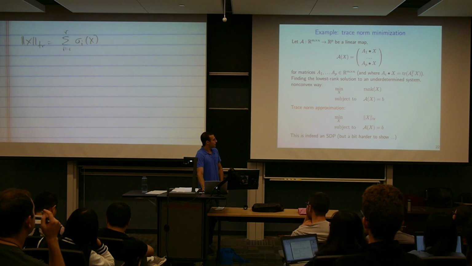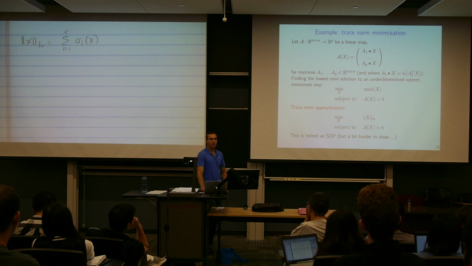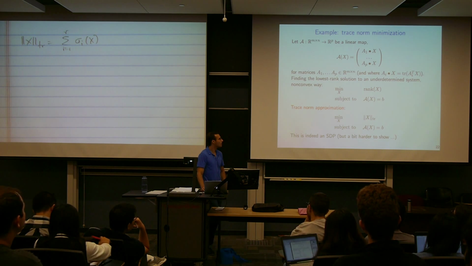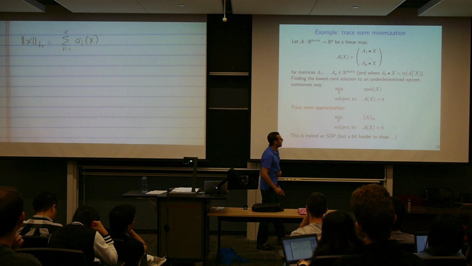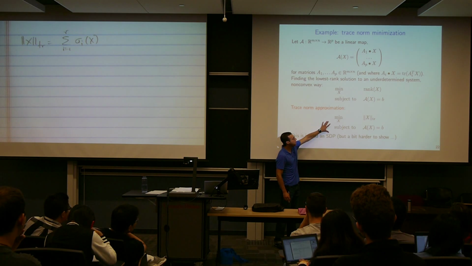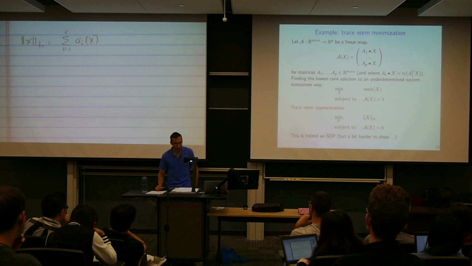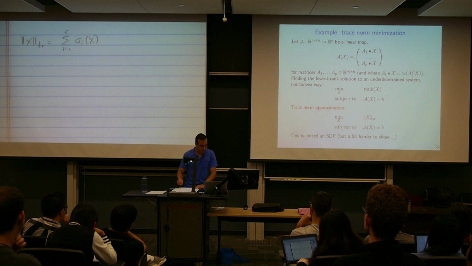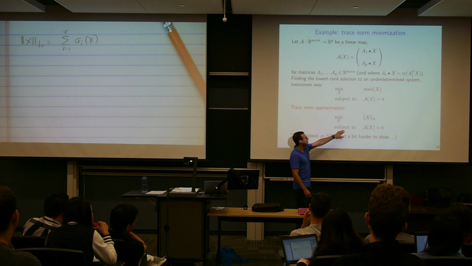OK, this is an SDP. It's actually quite intricate to show this, and I'm not sure that it's going to be very eye-opening to see it, but it might be something, again, that we put on a homework. I'll just tell you the flow of the proof. You can always rewrite a norm in terms of its dual norm.